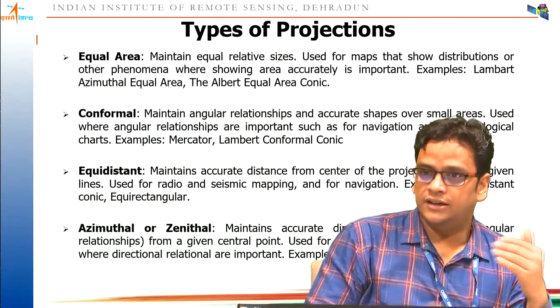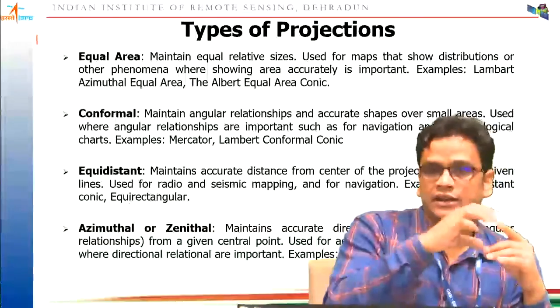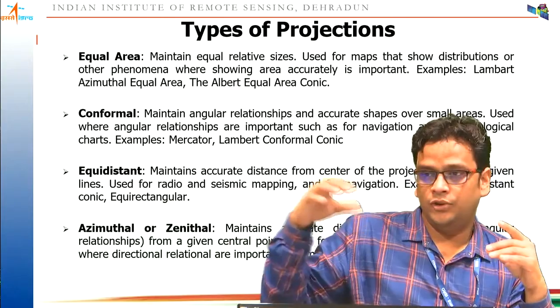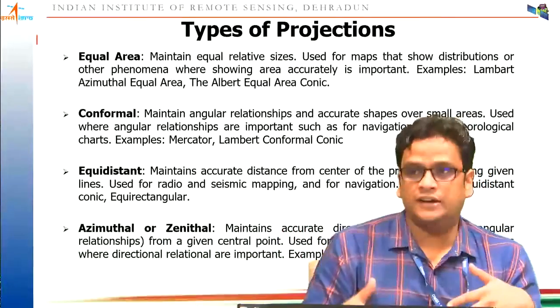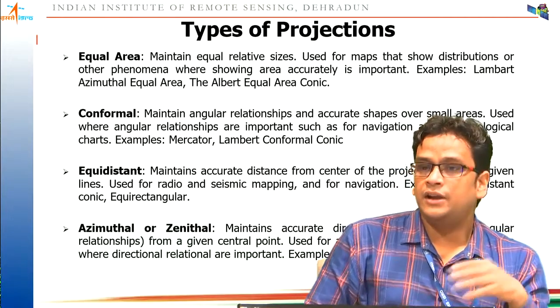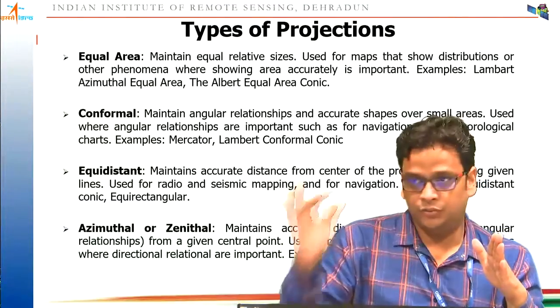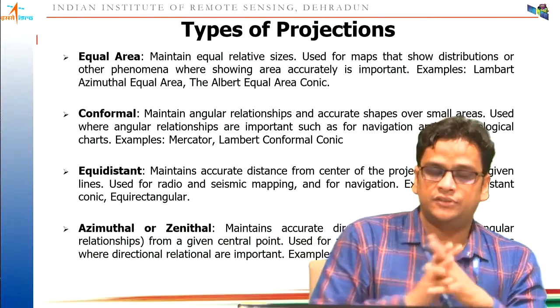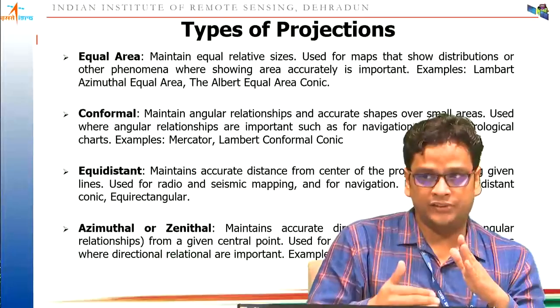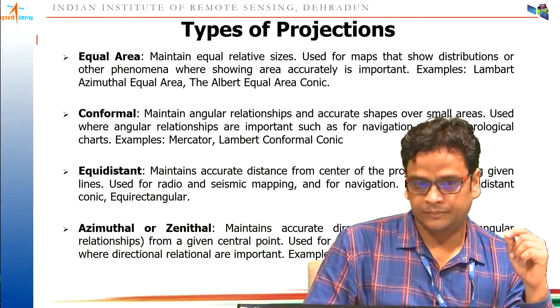Similarly, with equidistant, when we take the distance from one point to another, it should remain fixed when we go for the projection, so we will use such a type of projection. That's our objective basically. Similarly, for directions we use azimuthal, and directions should be preserved. So based on that, various kinds of map projections are available, and we need to select as per our requirement.